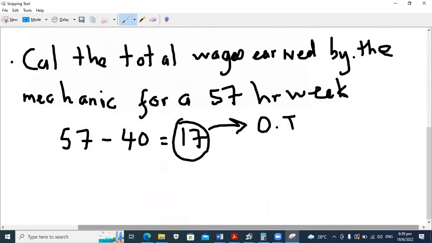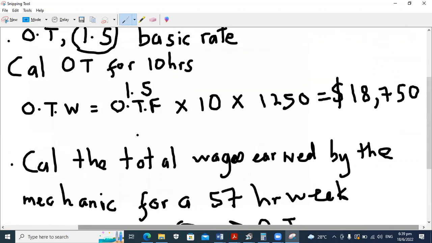So basically what we need to work out is the basic wage, which was already worked out, plus the overtime wage, which would be this part here.